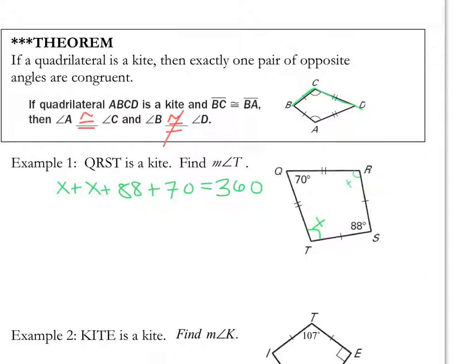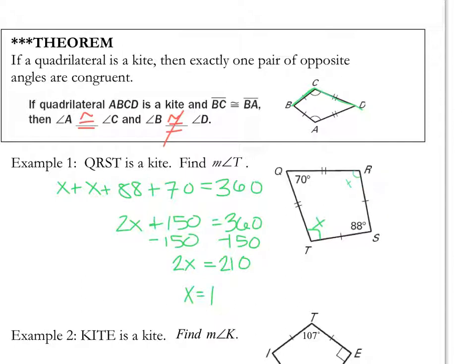88 plus 70, so 2x plus 158 equals 360. So this is the measure of angle T. And actually I probably should not put x.